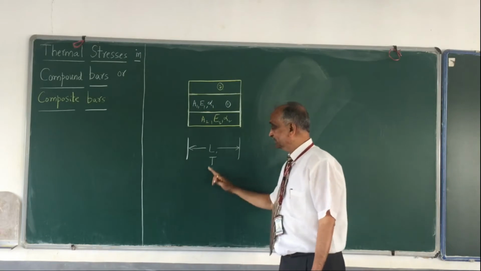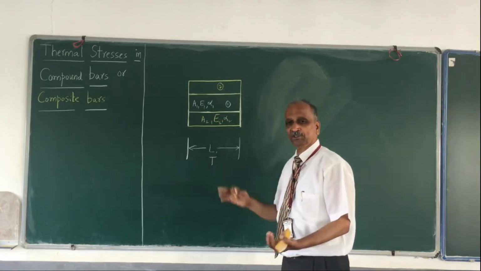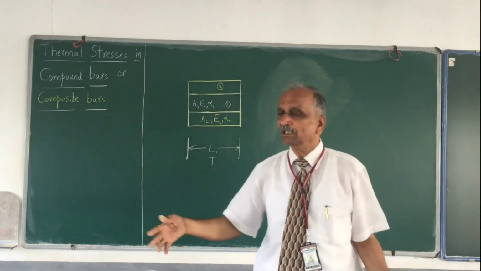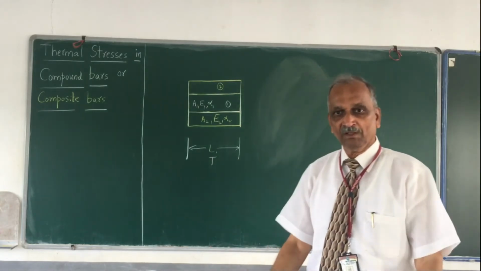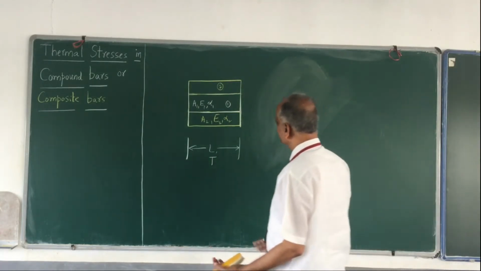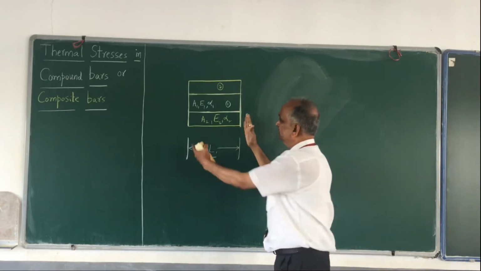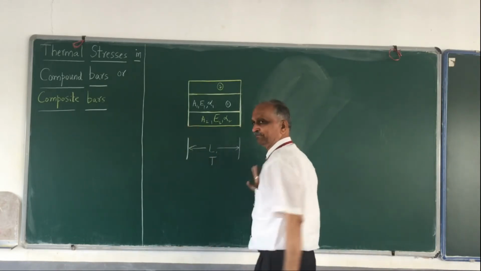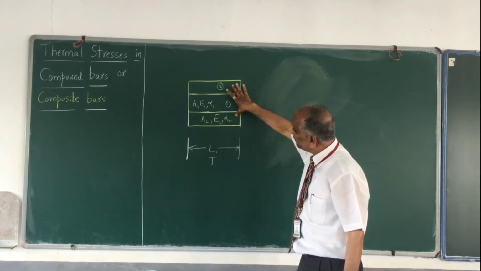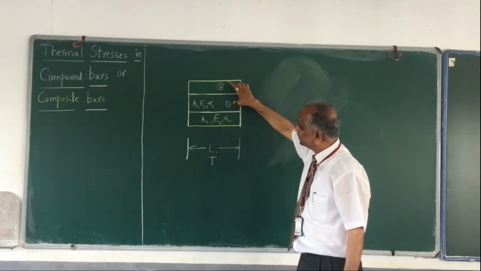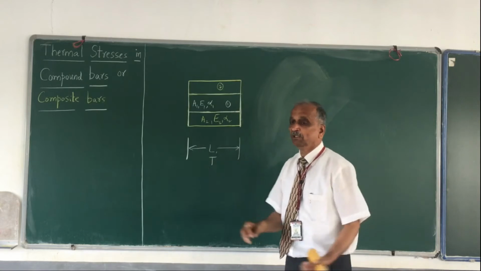Please remember, this kind of bar I am going to use not only at temperature T, I may use it at some other temperature, much more than T or much less than T. Let me assume that when the temperature changes, its length may increase, no problem. But the outside one and the inside one, both materials, both portions have to undergo the same extension.